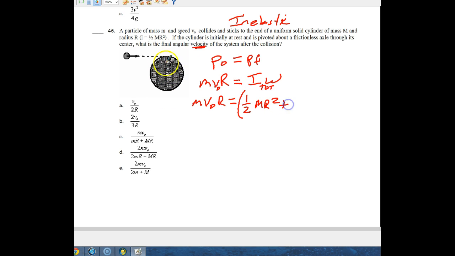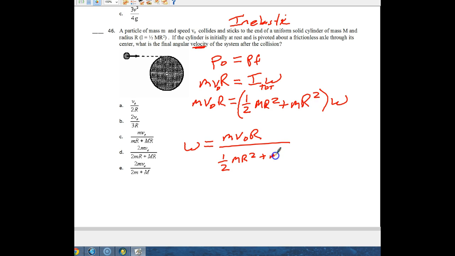And then we need to add to it this little point mass, and its rotational inertia is mr squared because it's going around the outside of the disk, so kind of like a planet, times omega. Now we can solve for omega, and then we will find out what that angular velocity is. So omega is equal to m v naught r, over 1/2 of Mr squared plus mr squared.